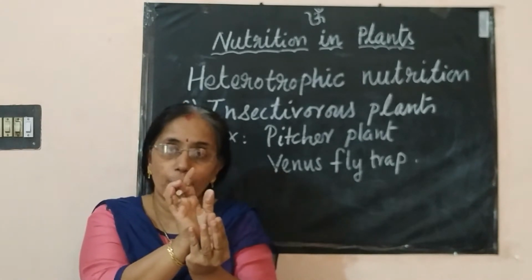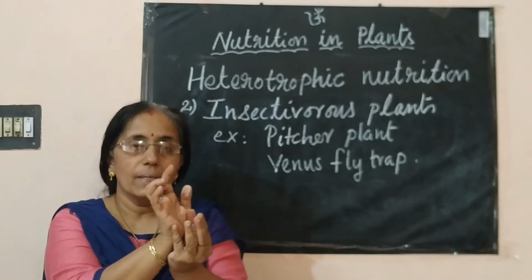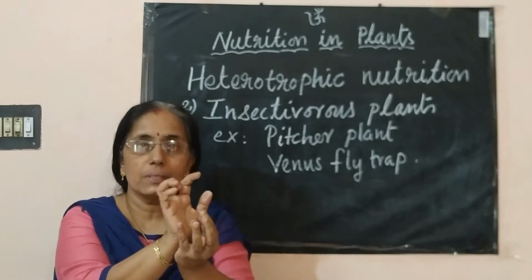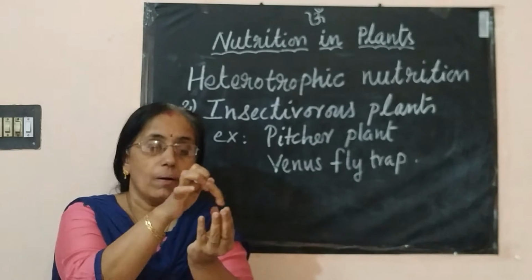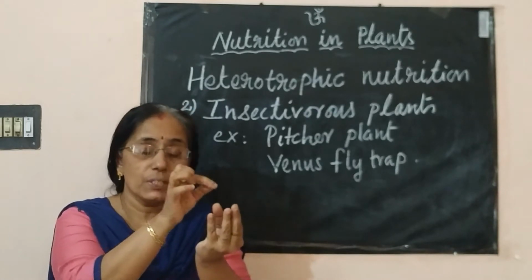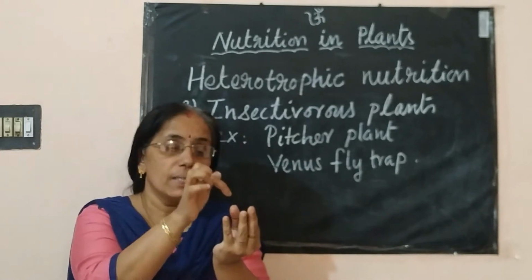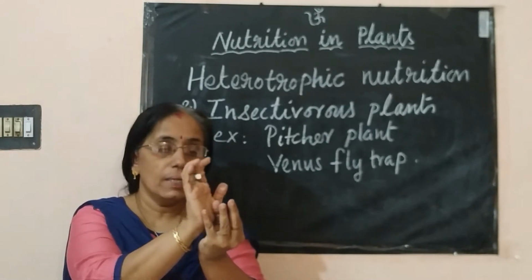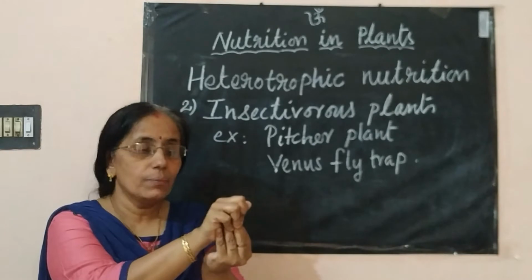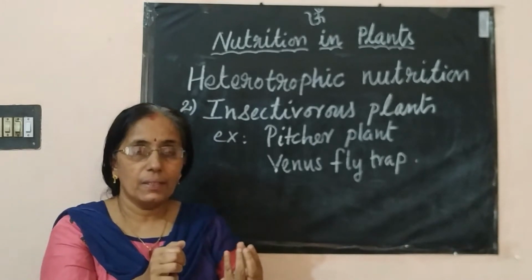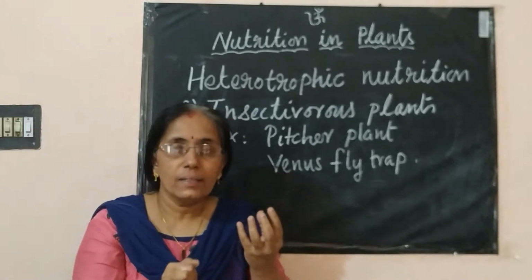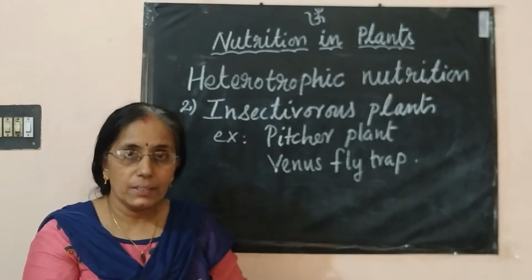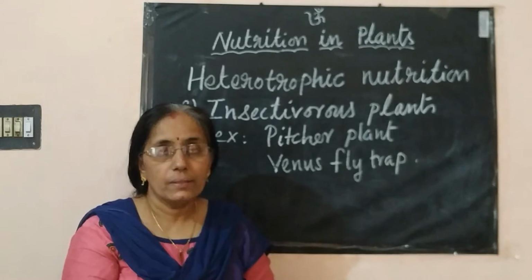They keep the lid open and when the insects come and sit on this lid or in the pitcher, which has a sticky material, the insect's leg gets stuck. Suddenly it closes the pitcher and the insect gets trapped inside, where there are digestive juices which digest the insect and it is absorbed by the plant.